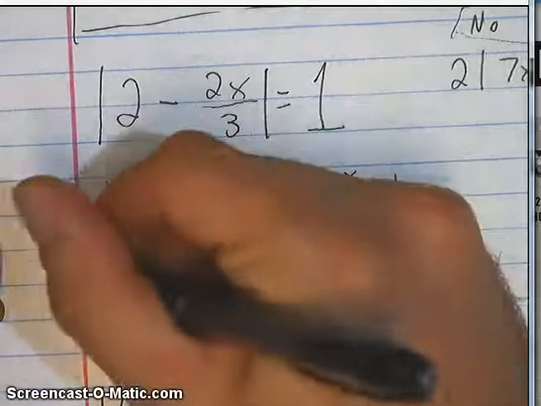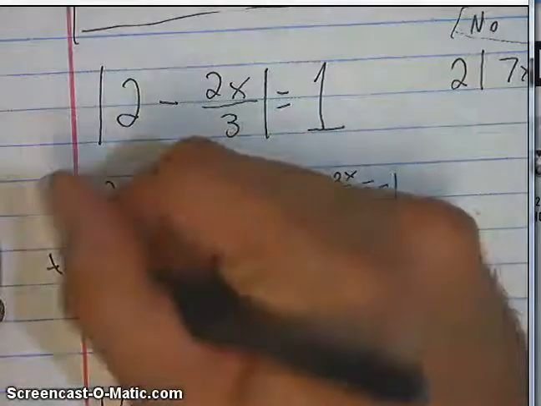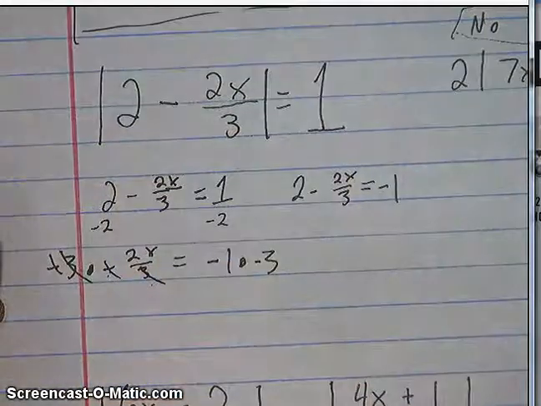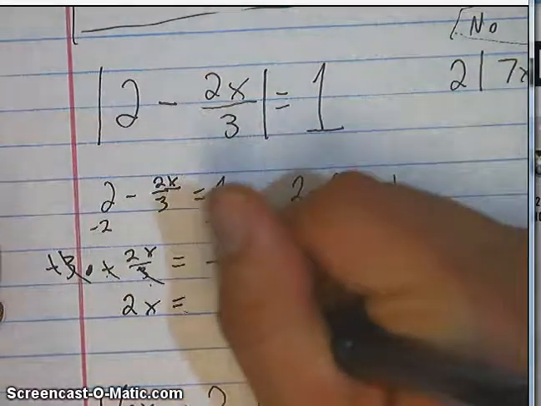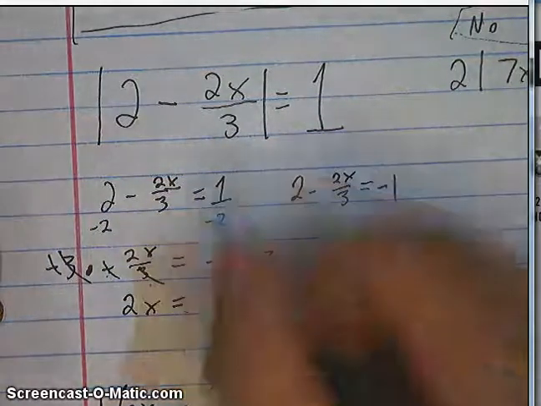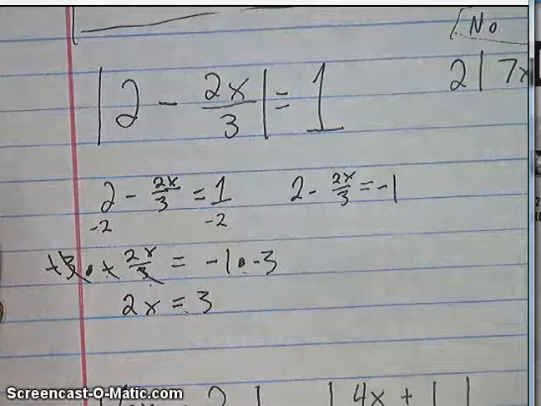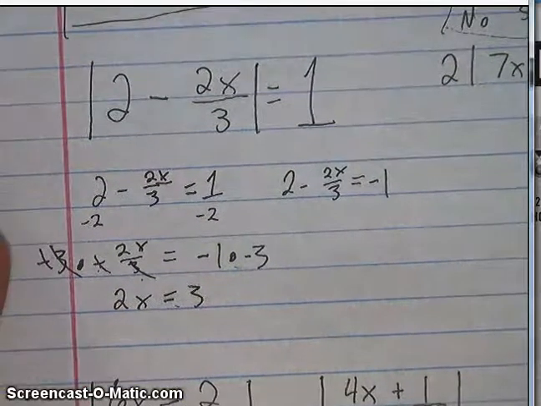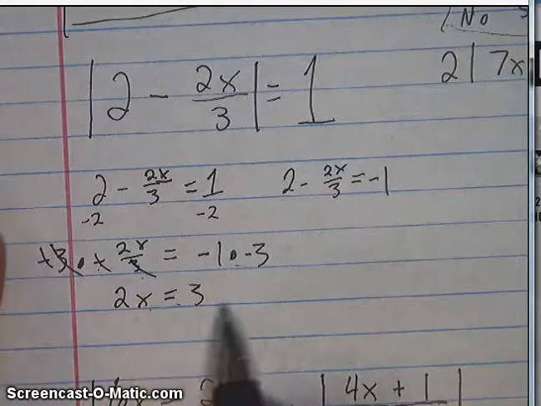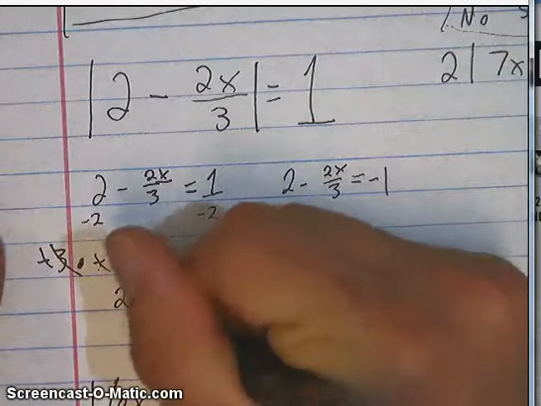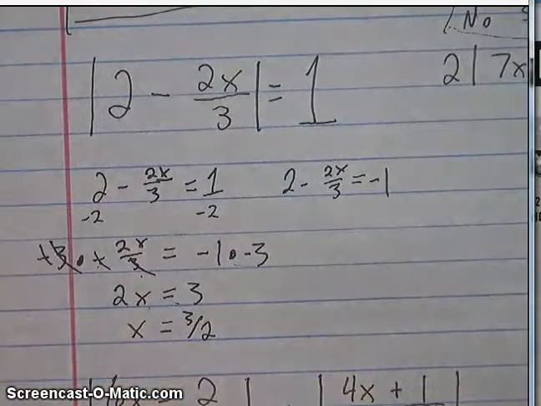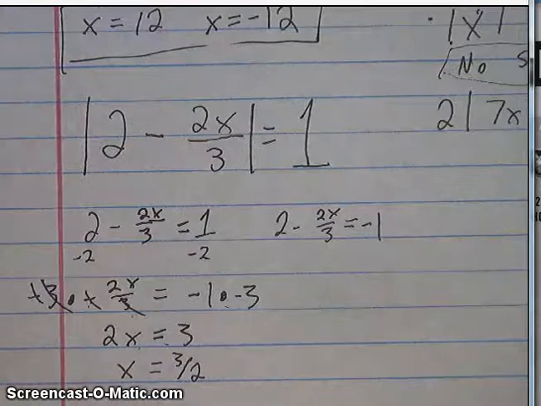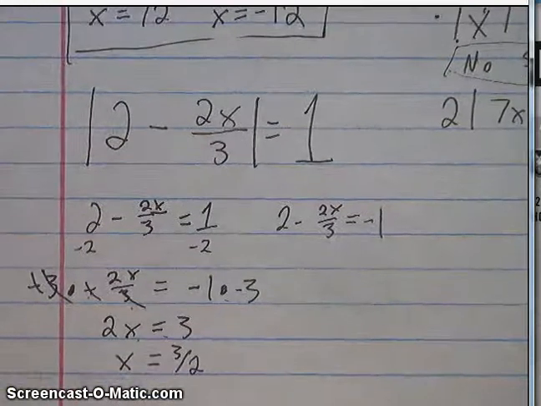So this negative is going to cancel out with that negative. This 3 is going to cancel out that 3, leaving me with 2x equals positive 3. So negative 1 times negative 3 is positive 3. Now, of course, to get the x by itself, you divide by 2 on both sides, and you get x equals 3/2, or 1.5 if you prefer. So the first solution is x equals 1.5.